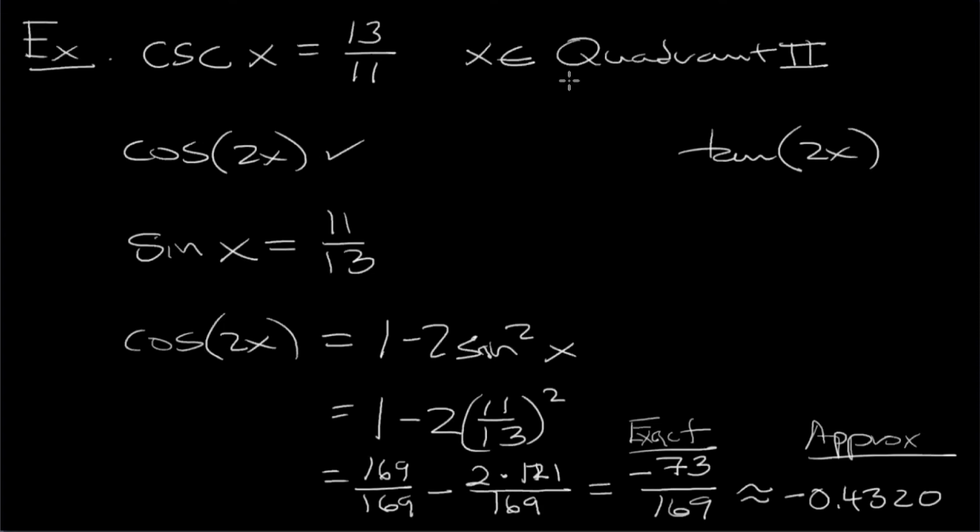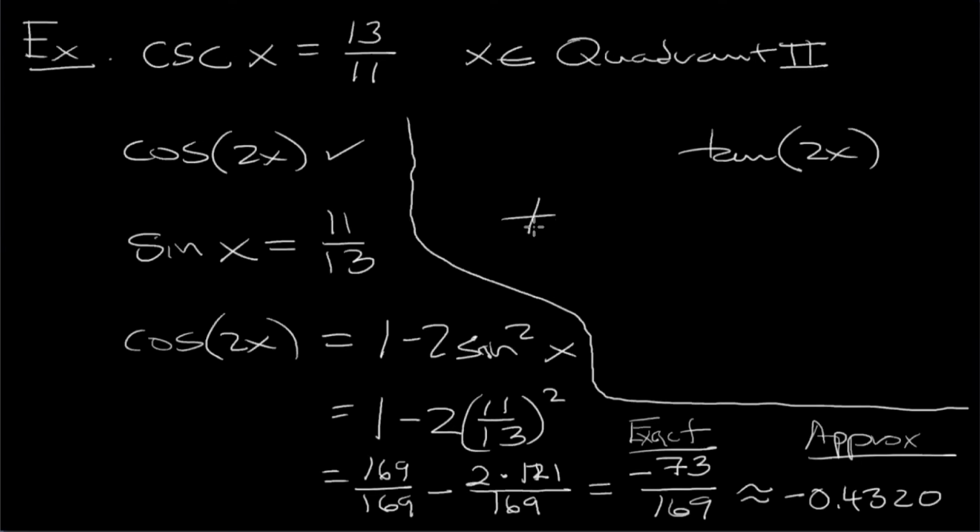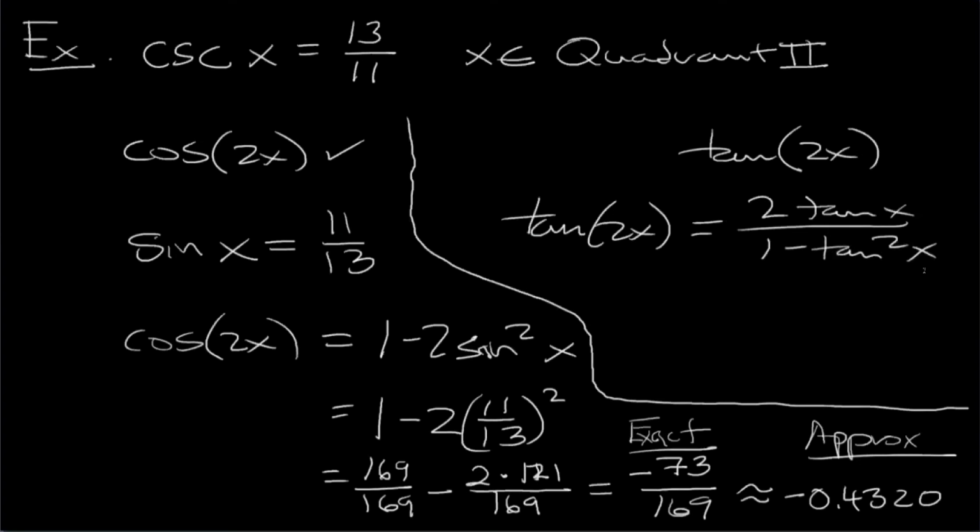Now for tangent, remind me of what the identity is for tangent of 2x in its normal form. Yeah, so you have to know tangent out of this.